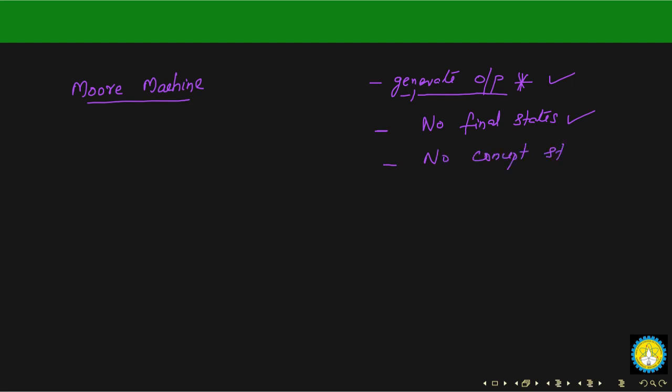We are not using a Moore machine or a Mealy machine for string acceptance. Rather, we are looking at generating output strings. So with this brief introduction, let's look at an example of a Moore machine.